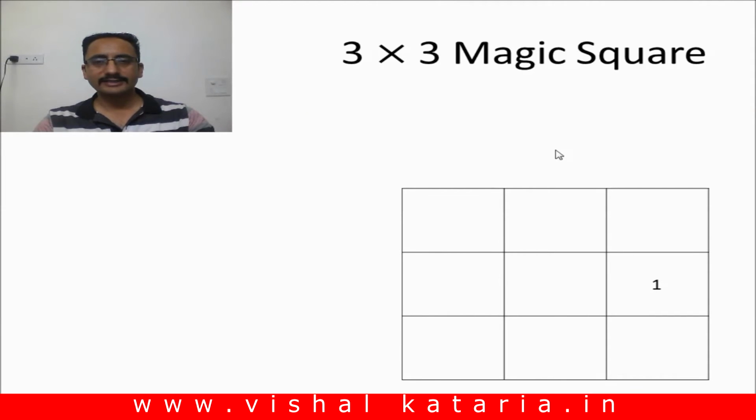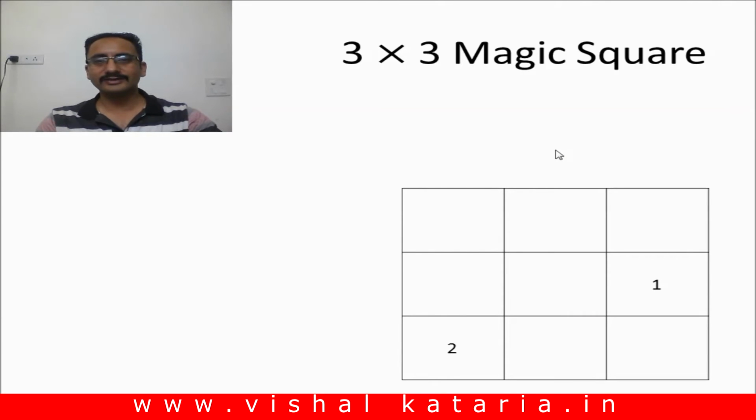Using the southeast rule. Oh, I'm out of the grid. What will I do? Yes, use the next rule. And the next rule says, in such case, we have to move towards the extreme left hand side, and here is a grid where I'll write 2.